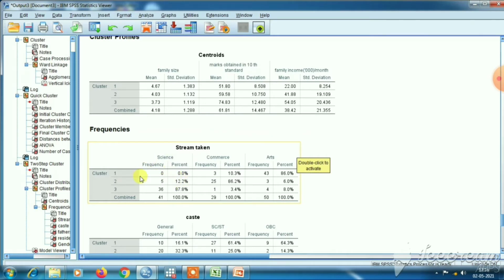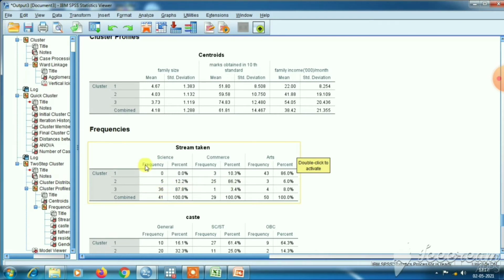In cluster 1 there are no science respondents. Cluster 2 has 12%, cluster 3 has 87%, and similarly for commerce, cluster 2 has 86%. So most of the participants in cluster 2 are from commerce.